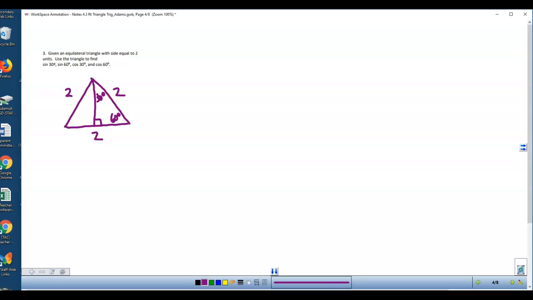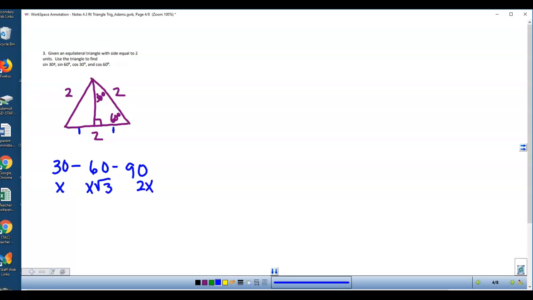So we know that if this whole length down here was 2, that now in my new triangle, I know this is 1 and this is 1 because the whole length was 2. So if I have a 30, 60, 90 triangle, then I also should have learned in geometry that this is x, this is x root 3, and this is 2x.